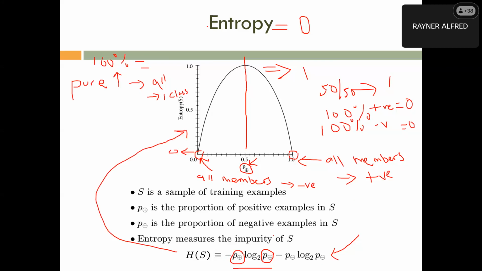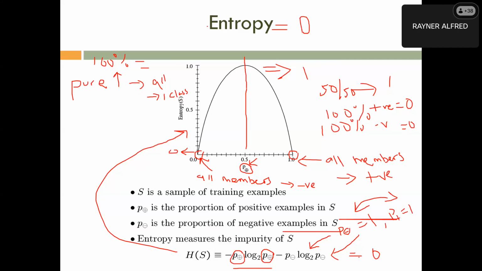Okay. So the entropy will be 0 if this one is 1, when you have the probability of negative is 1, and also the probability of positive is 1. So either this one will give you 0.